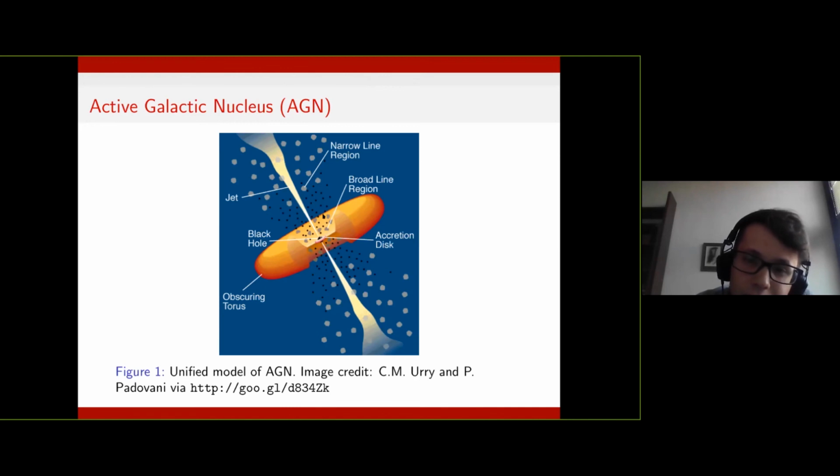Then there are the regions called broad line region and narrow line region, which are responsible for producing the broad optical lines and narrow optical lines, respectively, hence their names.